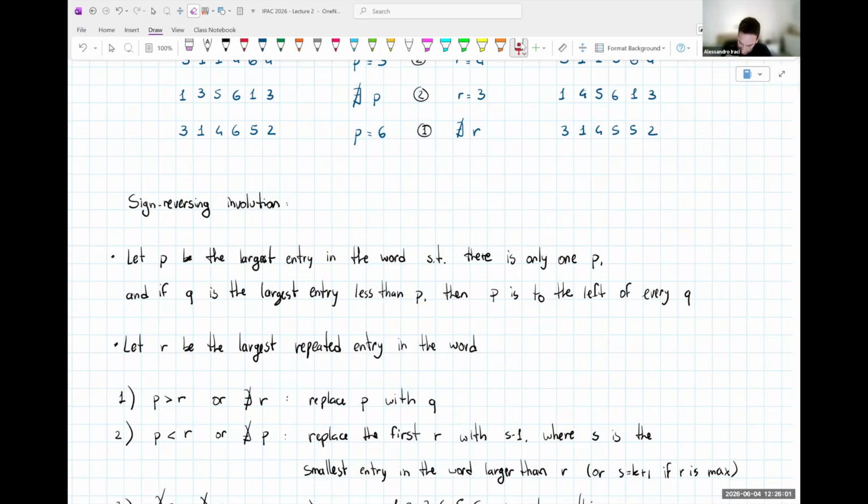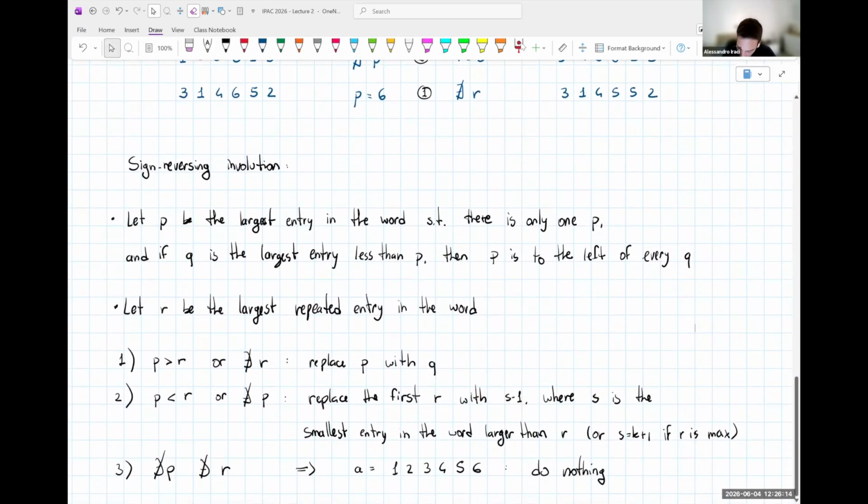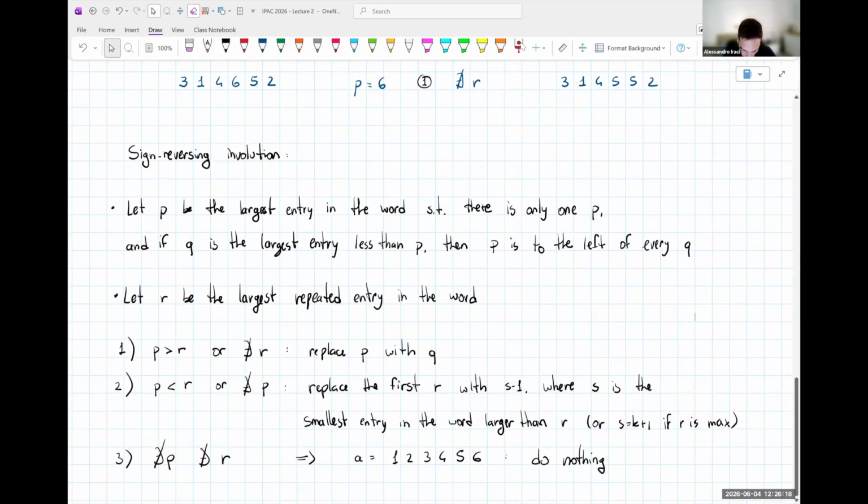Maybe it's fine. If S is exactly R plus 1, then we're replacing, we're doing nothing, which is not okay. Give me a second, sorry. What's happening in that case? I think this cannot happen. Why can it not?